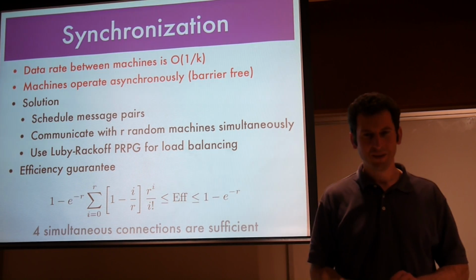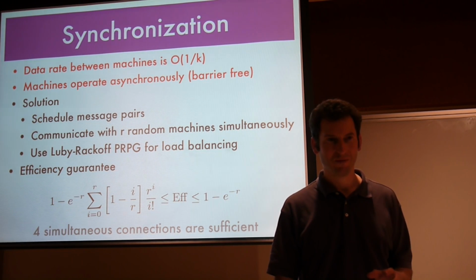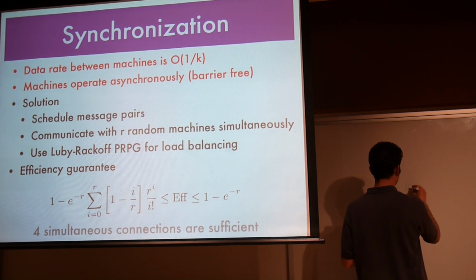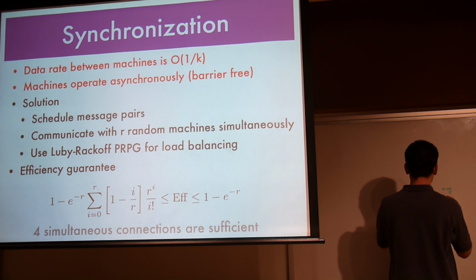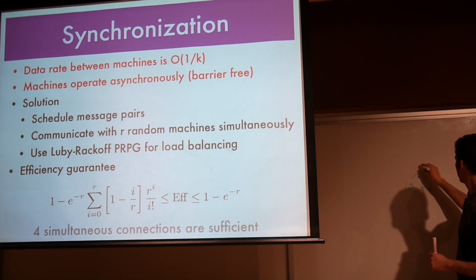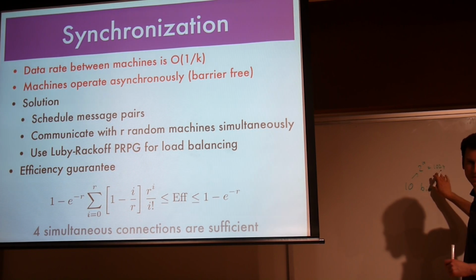So here's how cryptography and random permutations match up. Let's say I have a 10-bit message. That, of course, means it maps to 2 to the 10, 1,024 different objects.